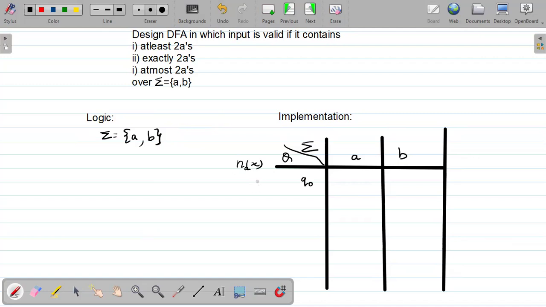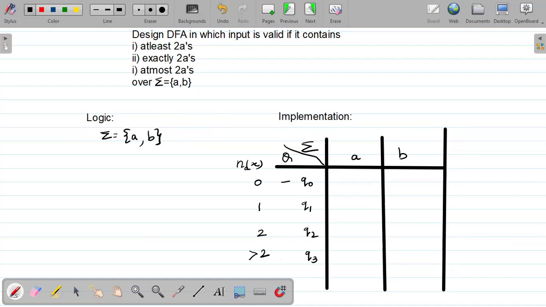If the number of a's is 0, it is indicated by the Q0 state. If it is 1, Q1. If it is 2, Q2. And Q3 indicates the number of a's is greater than 2, because the condition is based on 2 a's.